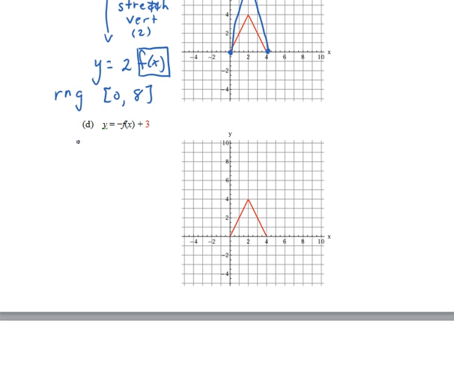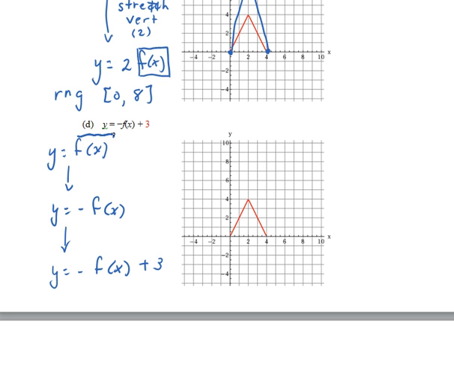For y equals the opposite of f of x plus 3, we start with y equals f of x, we go to y equals the opposite of f of x, and then we add 3 to the opposite of f of x. The f of x is intact from the first function to the second, so we're acting upon the y values.